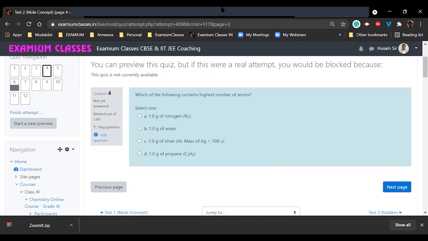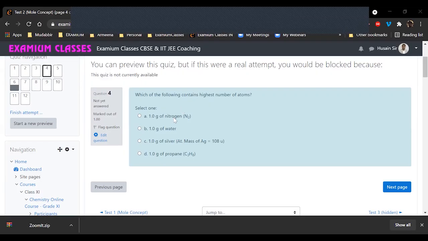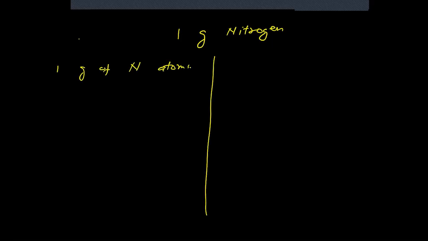Just look here if you are still confused. I have 1 gram of nitrogen. I'm writing it as nitrogen, not N or N2. Suppose I consider it as 1 gram of nitrogen atoms, or as 1 gram of nitrogen gas molecules. What I'm going to show you is that it will have exactly the same number of atoms.